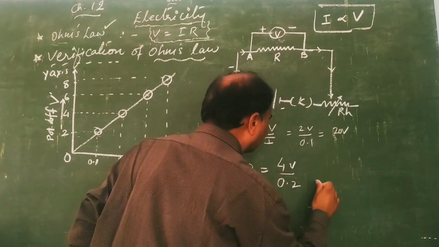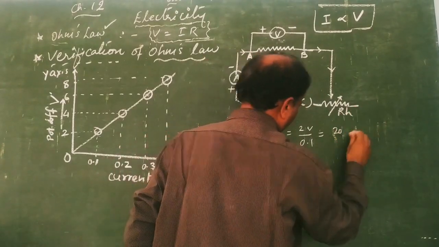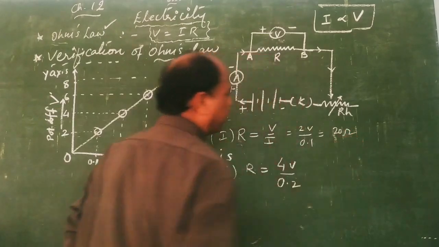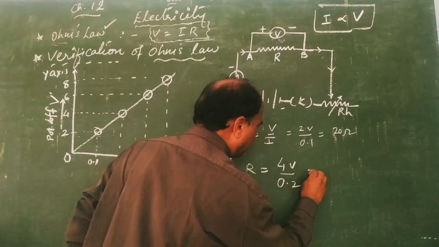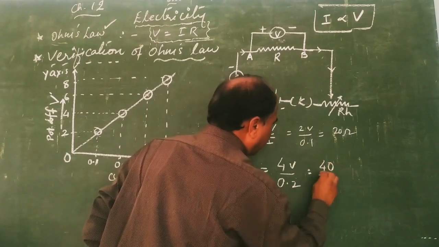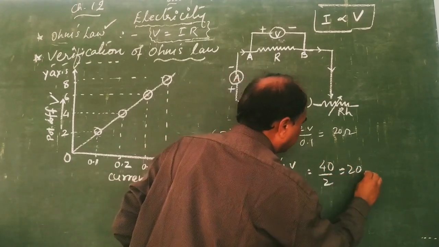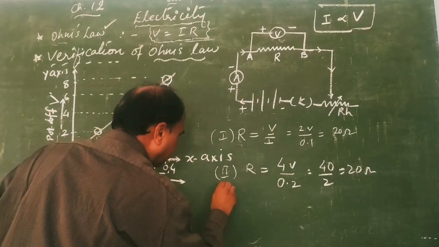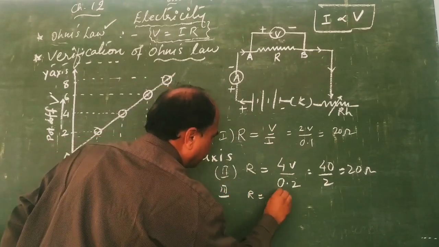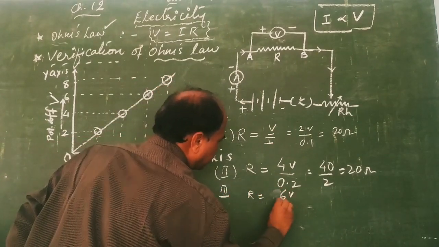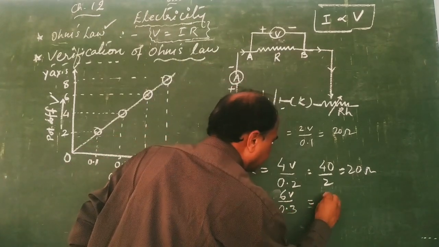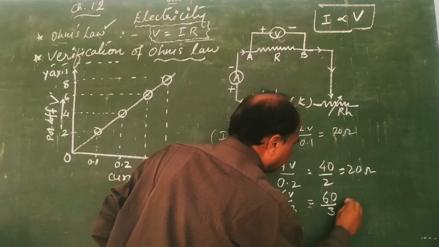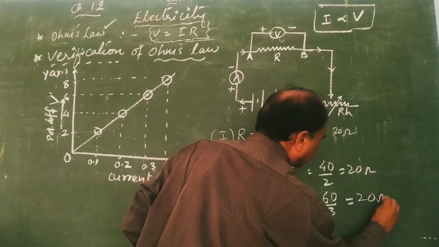What is the reading obtained here? Here it is 20 ohms. When I divide 4 by 0.2, that means 40 divided by 2, again 20 ohms. Third reading, R is equal to 6 volts divided by 0.3, that becomes 60 by 3, that is again equal to 20 ohms.